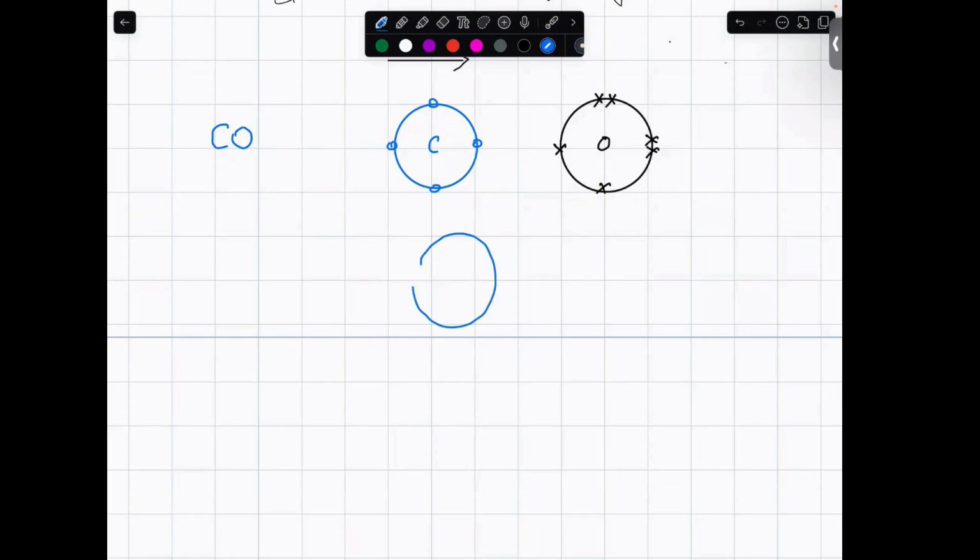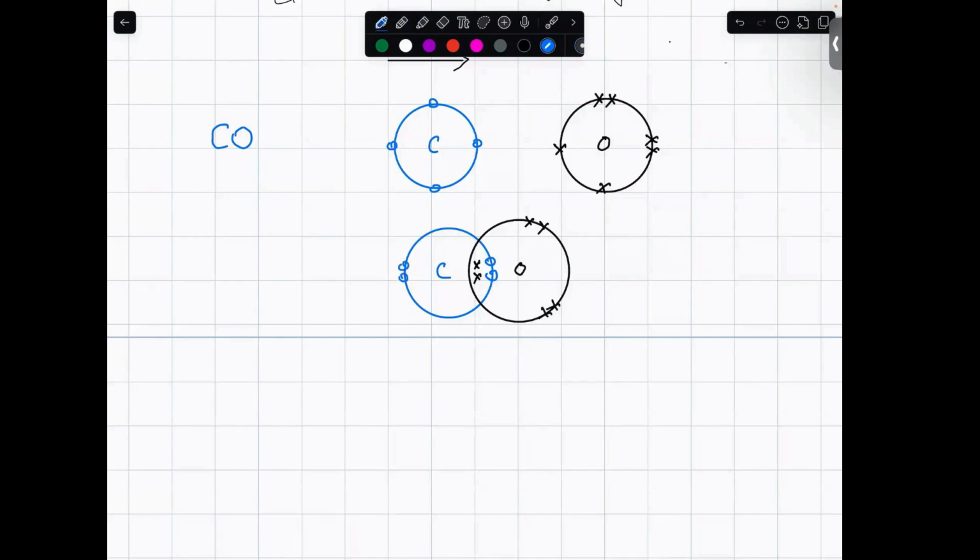If I make it, this is 1, 2 by carbon, and this is oxygen, 1, 2, 3, 4, 5, 6.